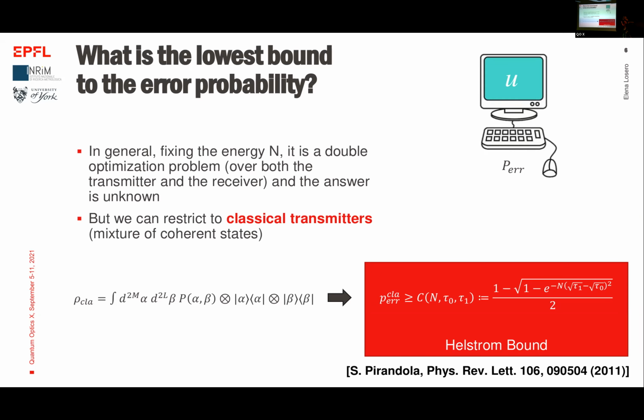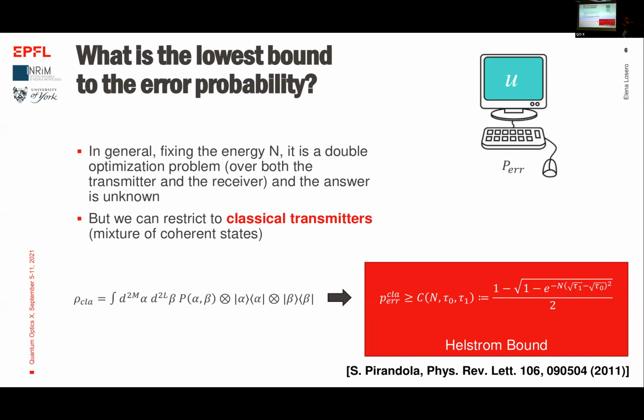But anyway, what we can do is to try to restrict our research to classical transmitters. And this case was studied theoretically in this paper in 2011. From this theoretical study, it comes out that for classical transmitters, there is a lower bound for the error probability that we call the Pirandola bound, which has this expression here.